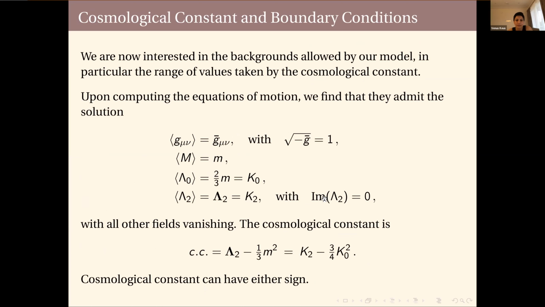Yeah, here. That notation to me means the vacuum expectation value of lambda 0 is K0. Yes. So again, to a particle physicist, it means that it has dimensions of mass.